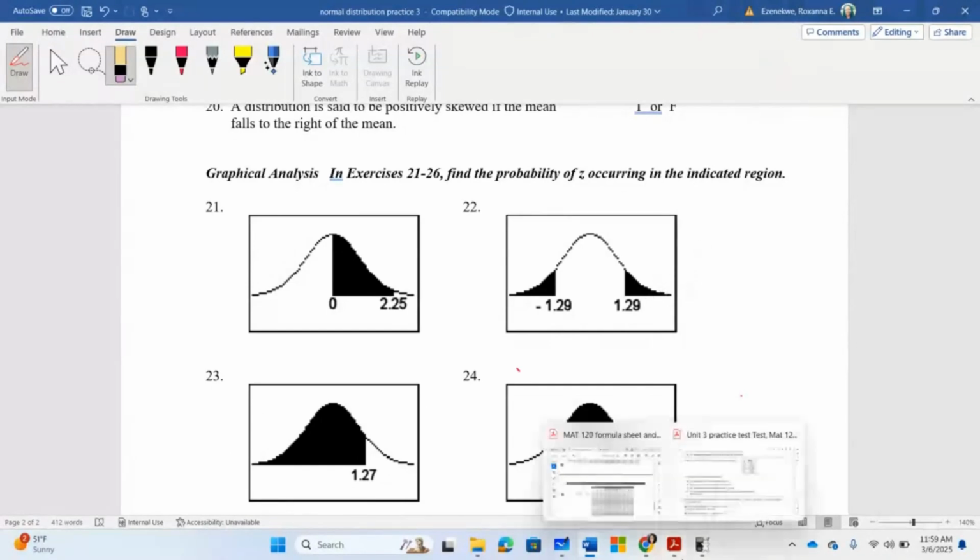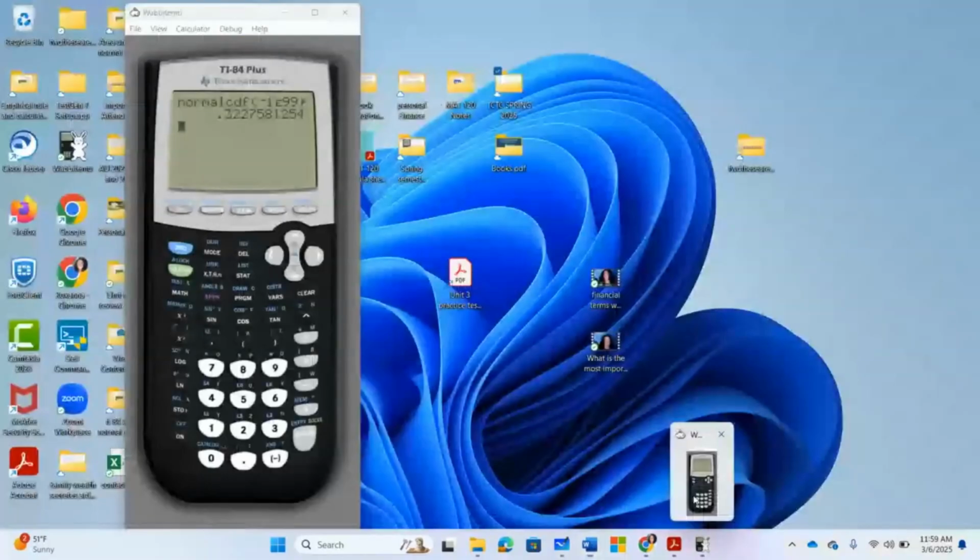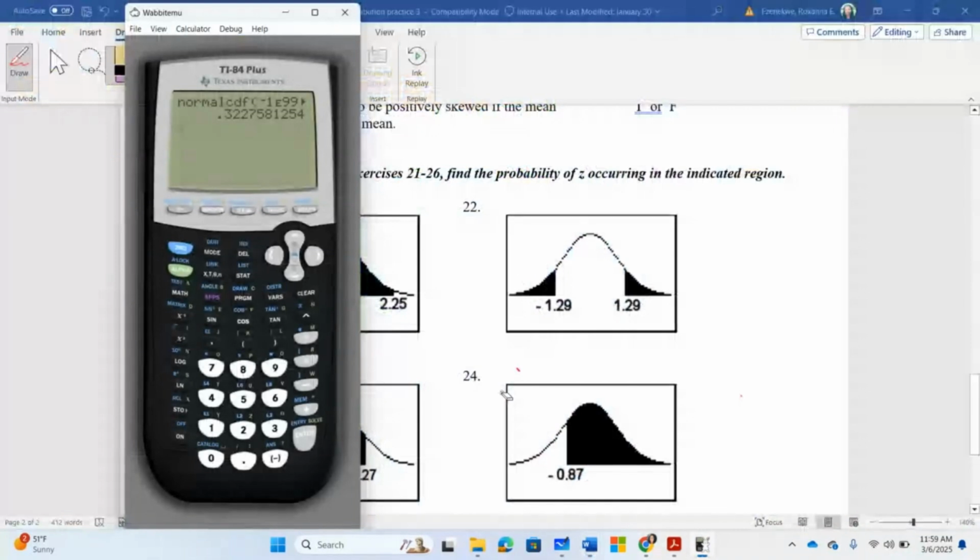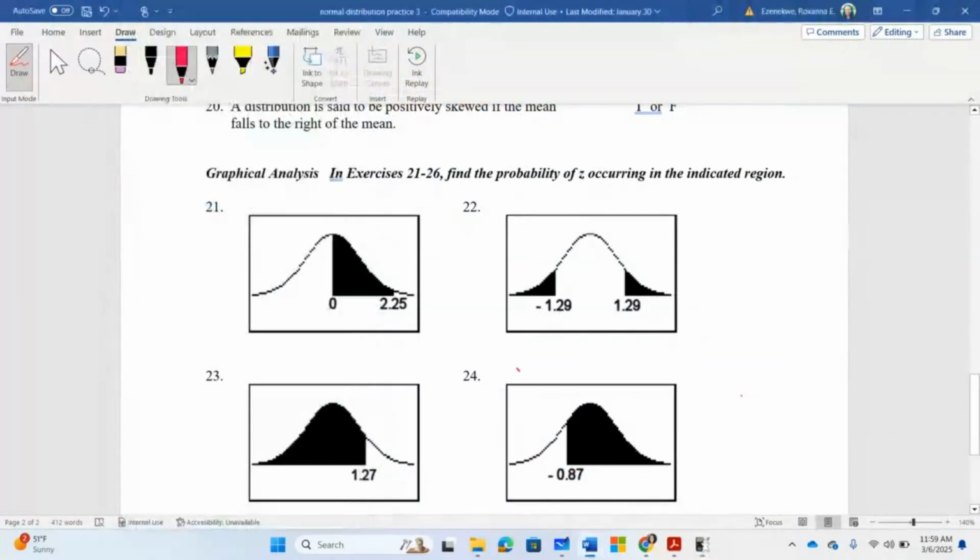Okay, let's do that. Area to the left, by the way, is what you're going to tell your calculator: normal CDF. Area to the left is negative infinity, 1e to the power 99.